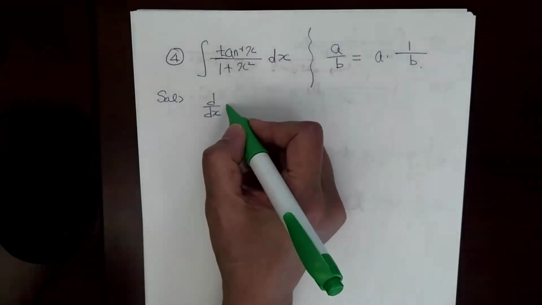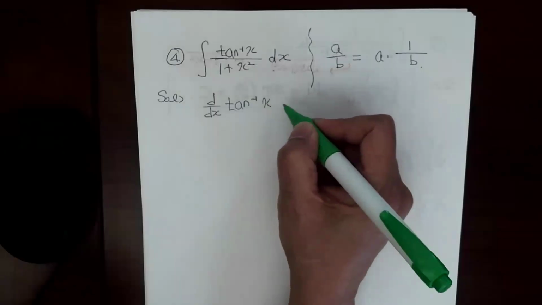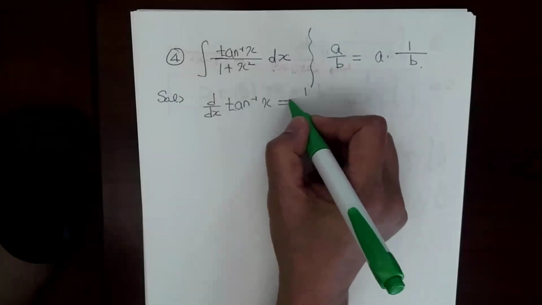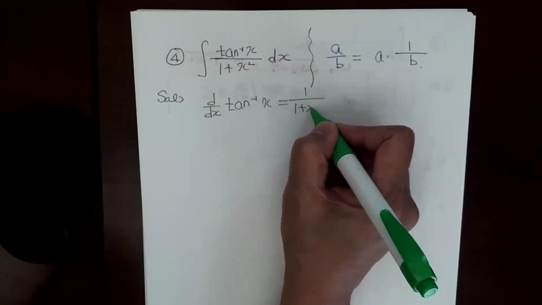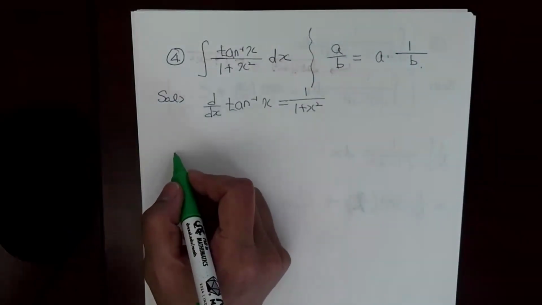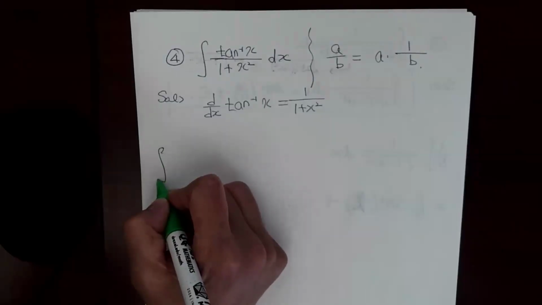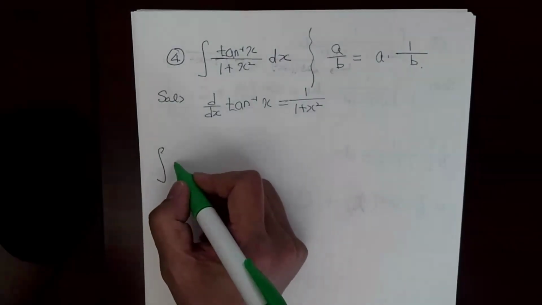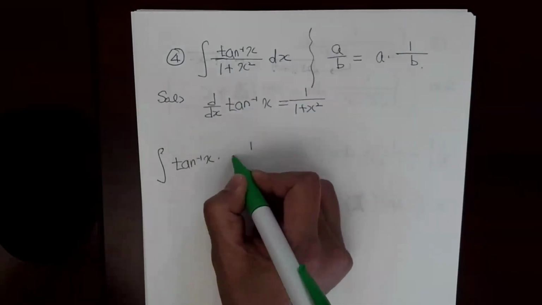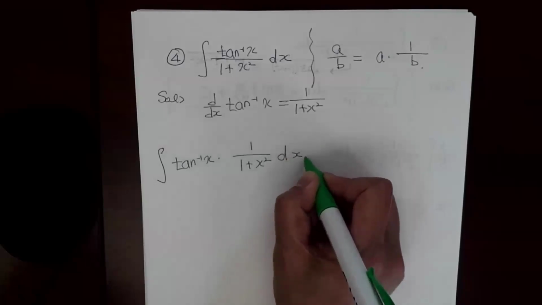Before we do that, we recall the derivative of tangent inverse is 1 over 1 plus x squared. What's in the denominator? So we regard that as tangent inverse of x times 1 over 1 plus x squared dx.